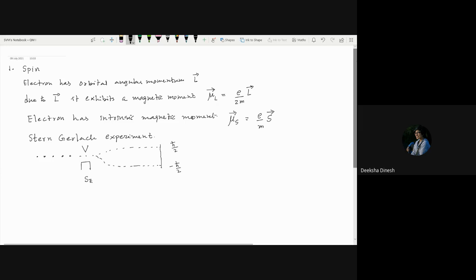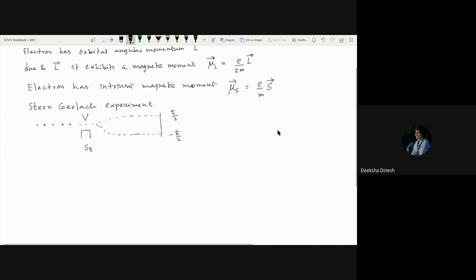If you consider only spin and forget about other degrees of freedom, there are only two states. One you can call up spin, and the other down spin. I will denote this as up z, an eigenstate of Sz with eigenvalue h cross by 2.